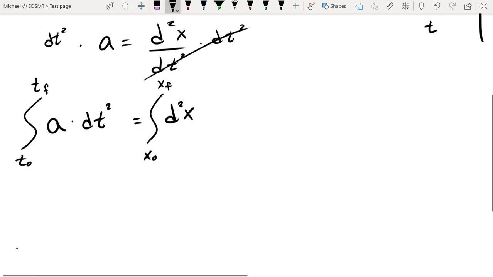Now we do the integration. Well, I have one integral that is being applied to a second order differential term. And back in calculus, we learned that integrals were antiderivatives. So if I take a derivative and an integral at the same time, they basically cancel each other out.